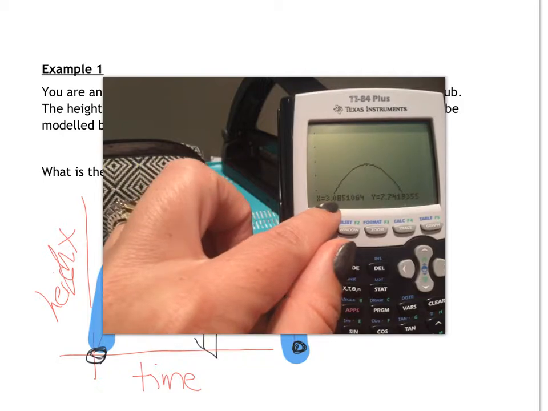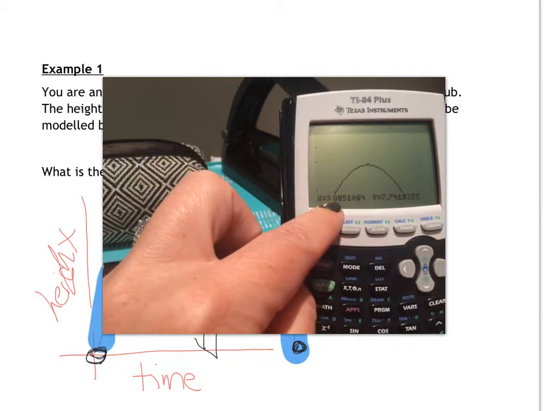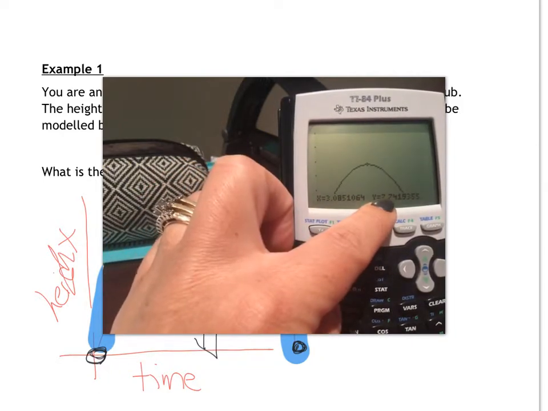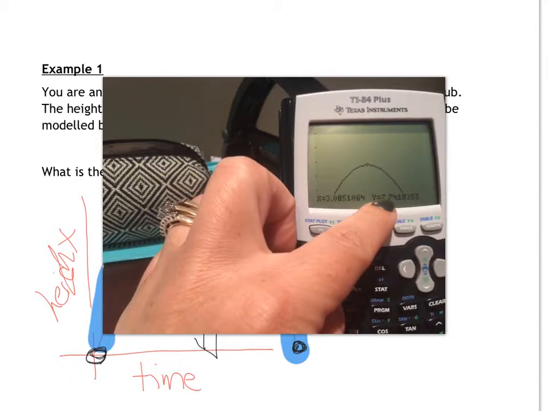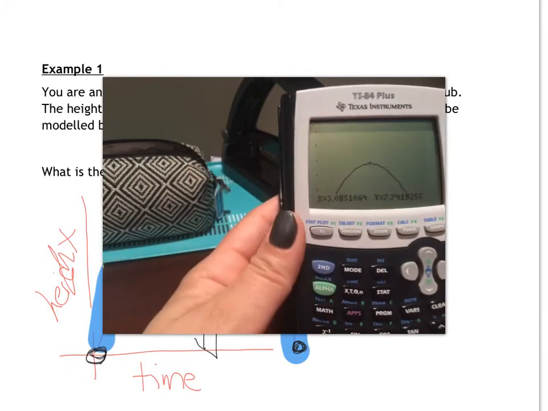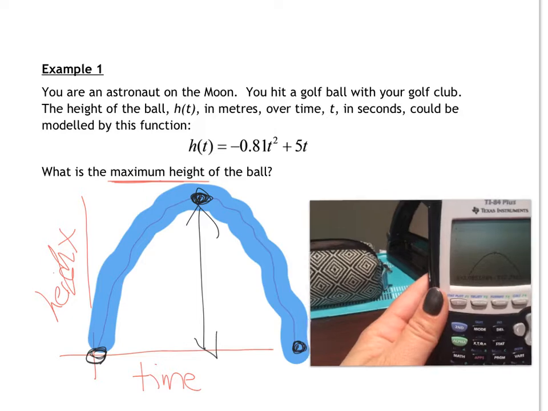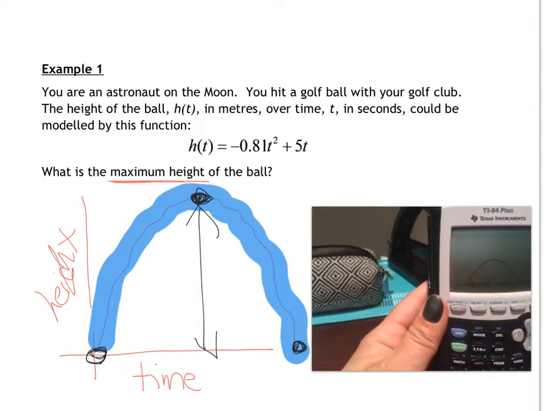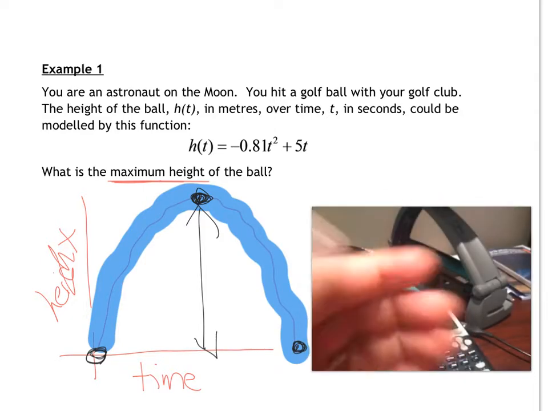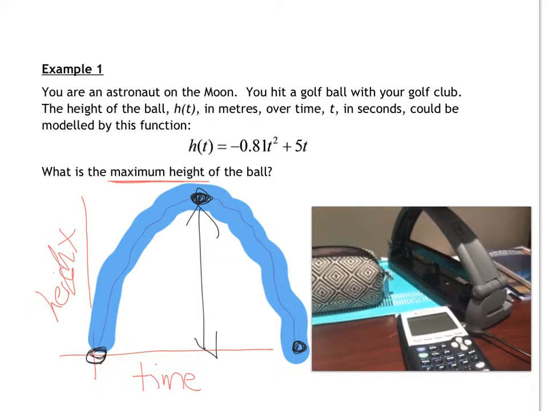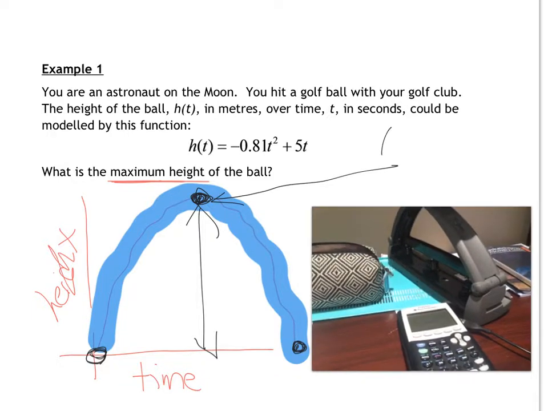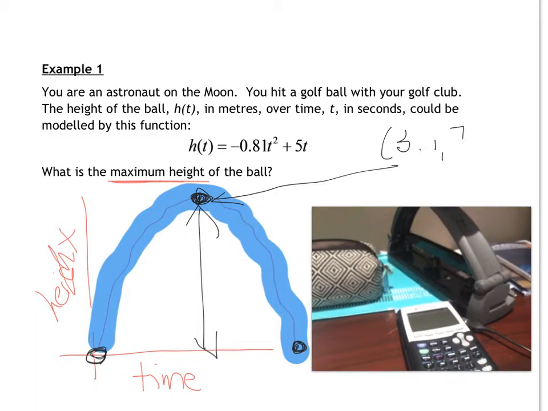This means after 3.1 seconds approximately, the ball is 7.7 meters high. So the coordinates of this vertex point right here is 3.1 and 7.7.